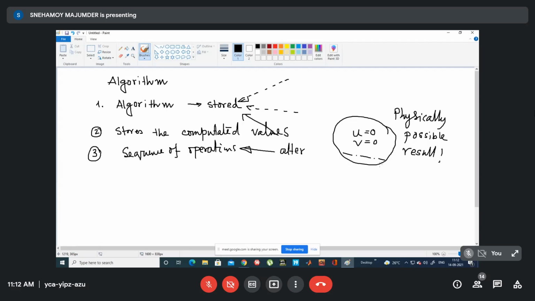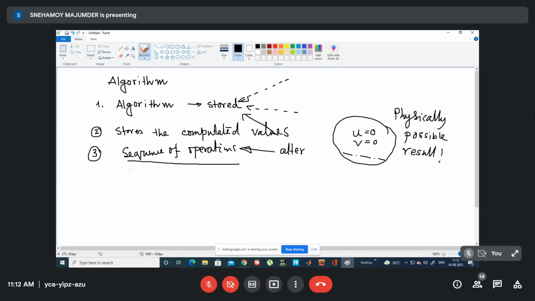So the sequence of operations, though it is stored and accordingly the computer program is performed, yet depending on the results, or depending on the procedure, you may have to change it. That can also be done.